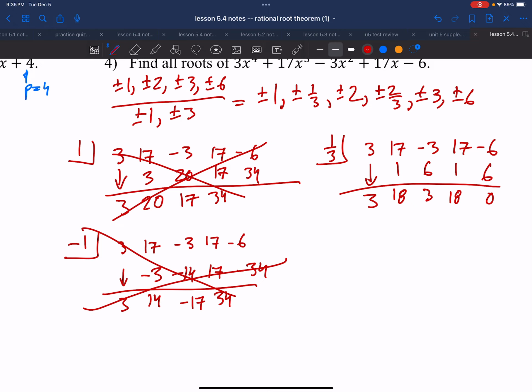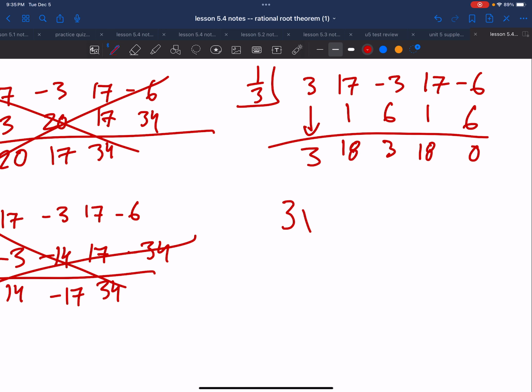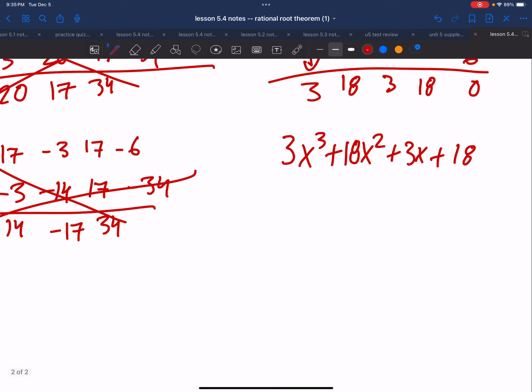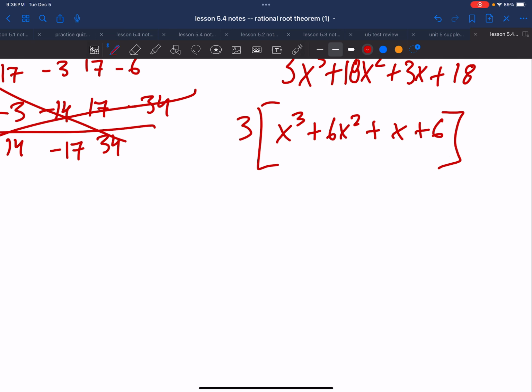Thank goodness. Cool. So that means I'm left with 3x cubed plus 18x squared plus 3x plus 18. Those could all be divided by 3, so let's go ahead and do that. Pull out a 3, and then I got x cubed plus 6x squared plus x plus 6. And I say, oh, can I do factor by grouping here, right?